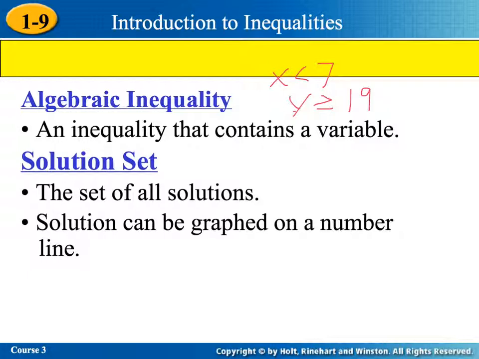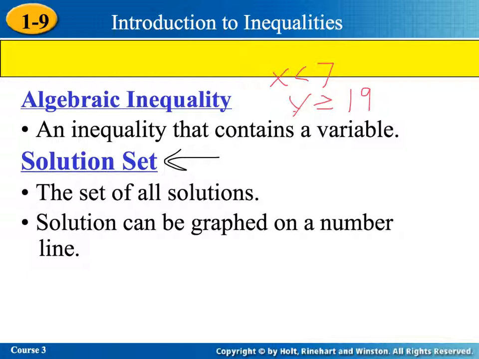Now, there's something called a solution set. This is the set of all solutions. So if I give you something like x is less than 7, remember, x is just referring to any number. So what is a number less than 7? It could be 6, it could be 5, it could be negative 437. I don't know, but we just need to know all of the numbers less than 7.